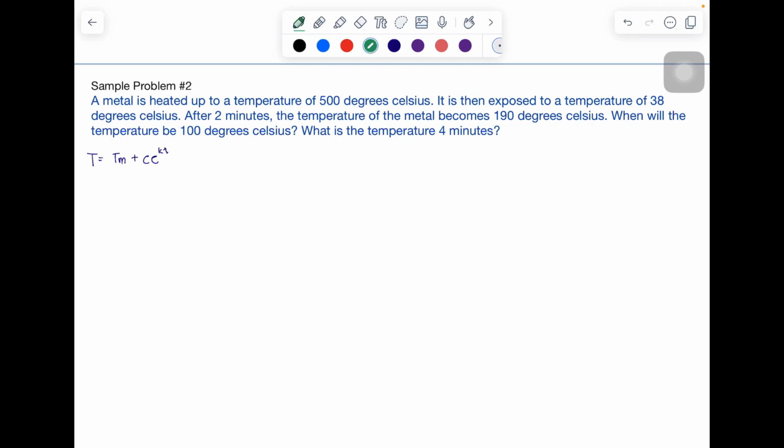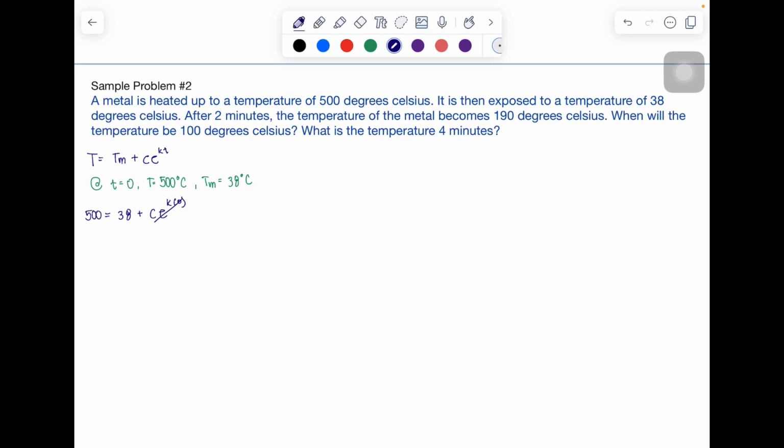Now, what is the given, or what is the first condition? So at time 0, what is the temperature of the metal? That is 500 degrees Celsius. And what is the temperature of the medium? It is 38 degrees Celsius. Now let's substitute that. So we have 500 is equal to 38 plus c e to the k at time 0.